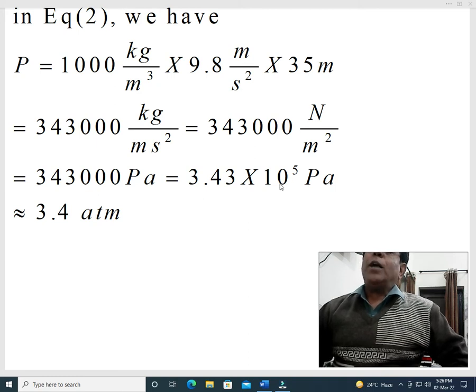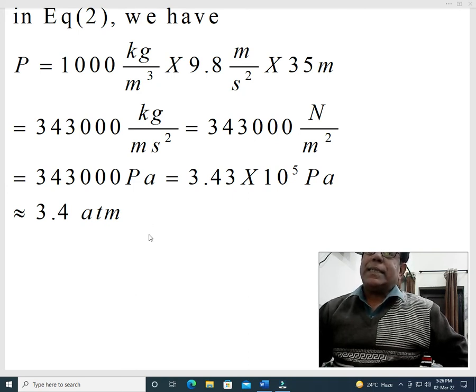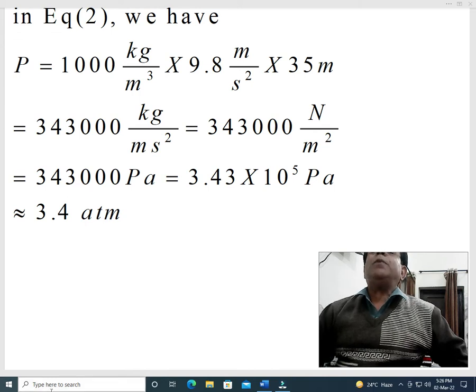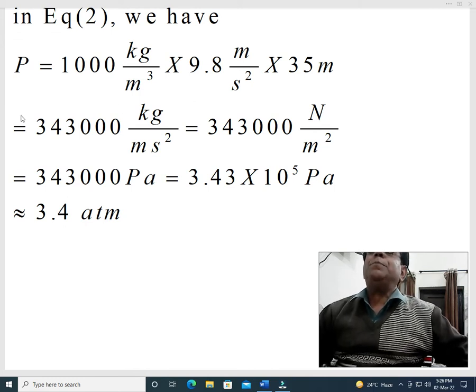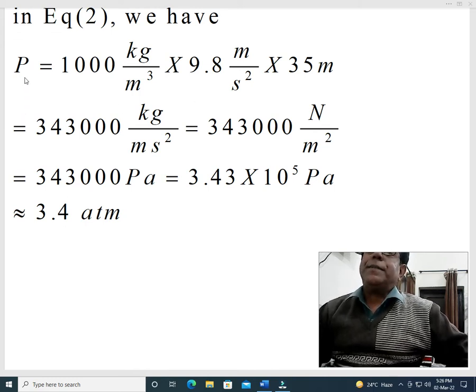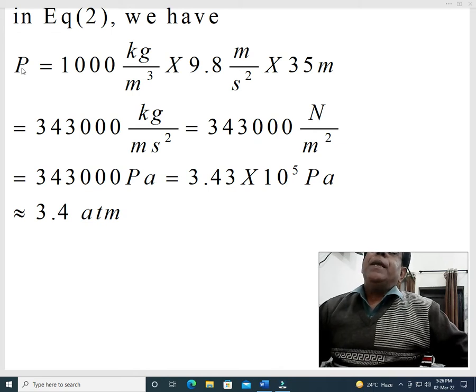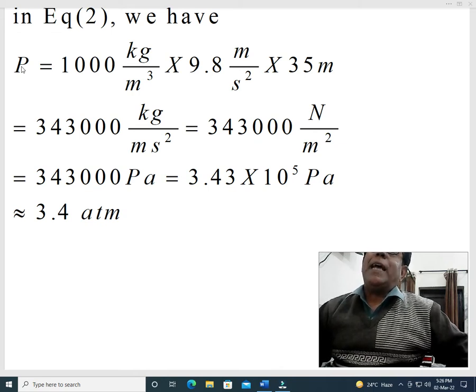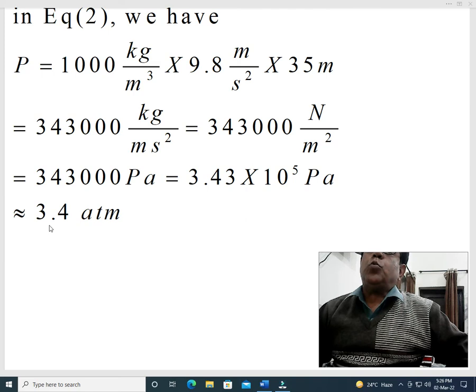Okay, for this we will show a table in the next step of our solution. Okay, so our problem has been solved 100%, and estimated pressure has become approximately equal to 3.4 atm, atmospheric pressure.